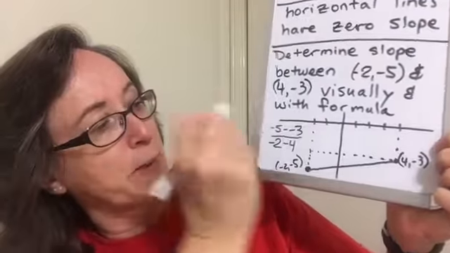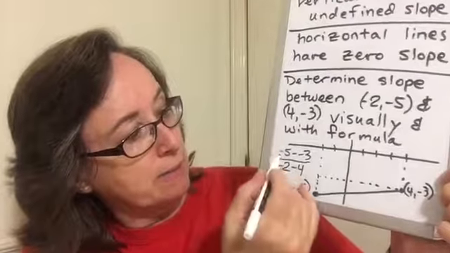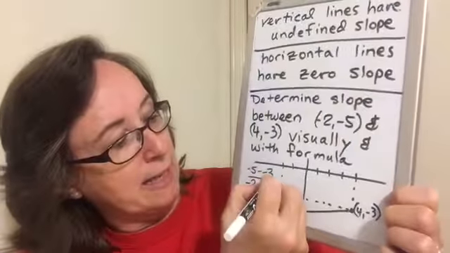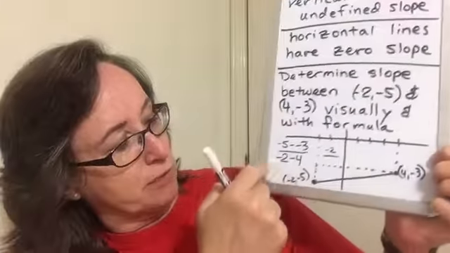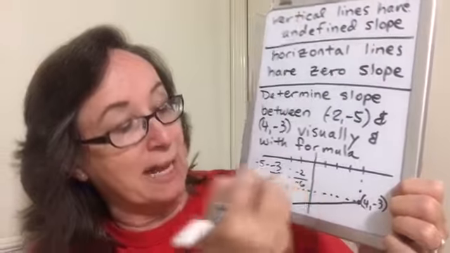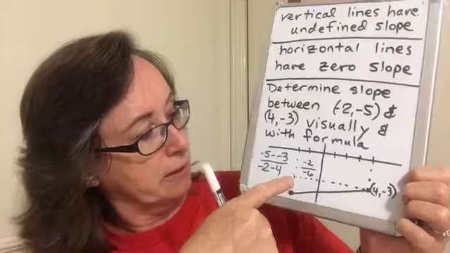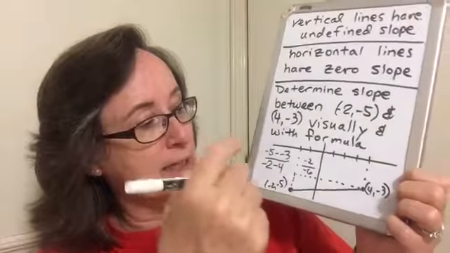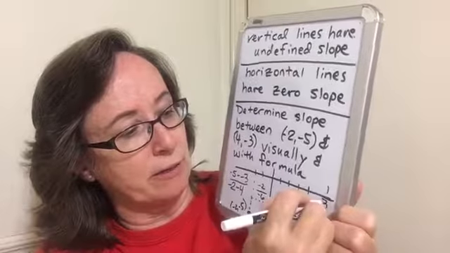Okay, so remember, when we minus a minus, that's going to become a plus. So -5 plus 3 is a -2. And so a -2 over a -6, and a negative over a negative is a positive 1/3. Okay, so calculated with our little formula, the slope is 1/3.